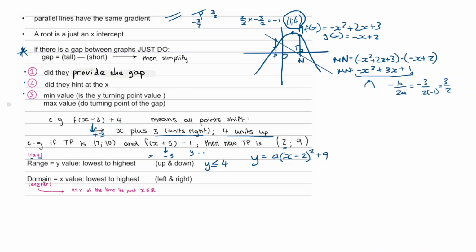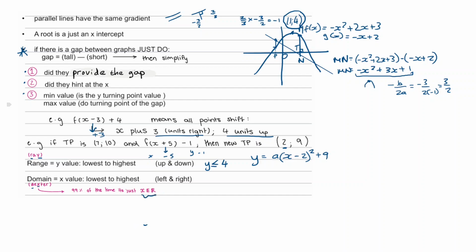If you said to me, what's a domain? My dog's name is Dexter. So domain goes with x. And like I've said here, most graphs, your domain is simply just going to be x ∈ ℝ. It's just everywhere. The one exception is the hyperbola, where you'd still say x ∈ ℝ, but you'd say x can't equal whatever the x asymptote is.